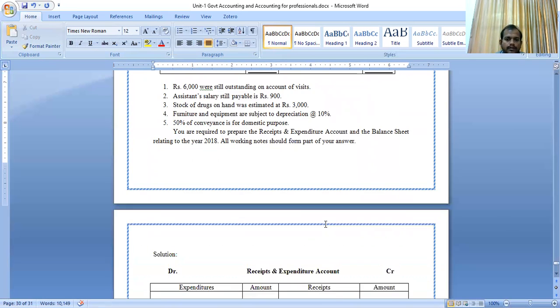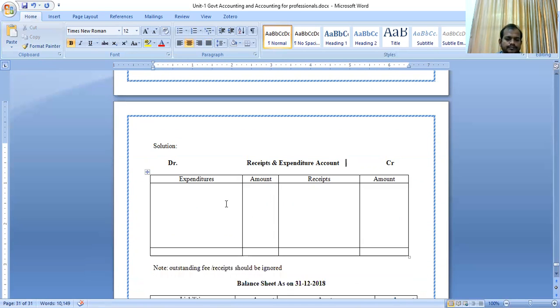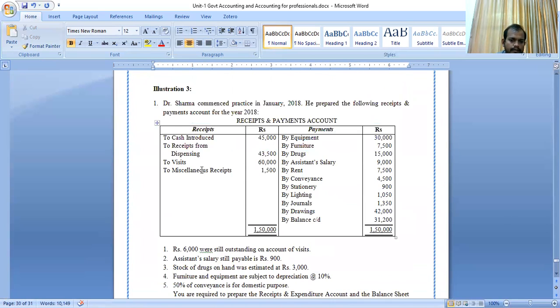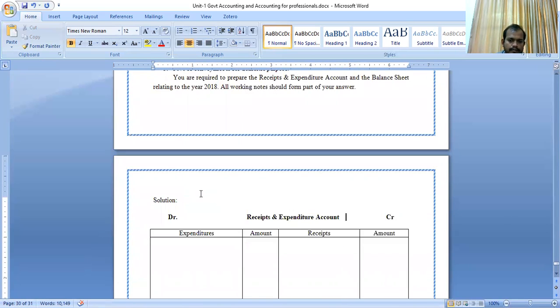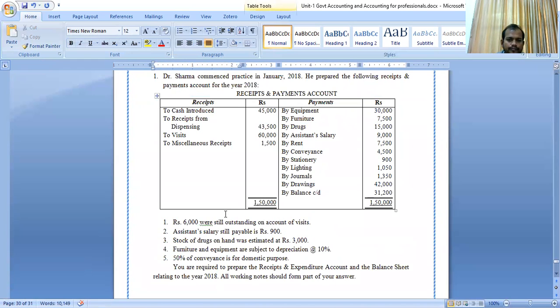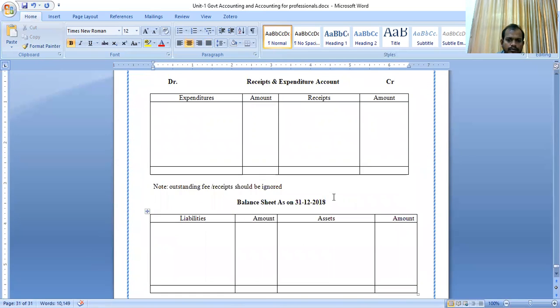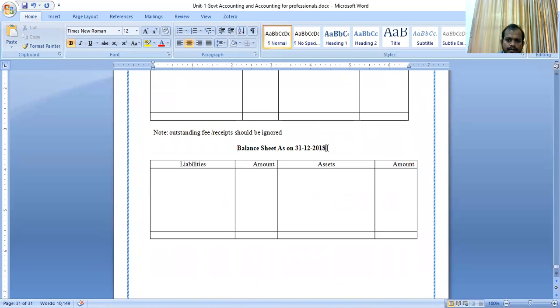So, solution: receipts and expenditure account and balance sheet.